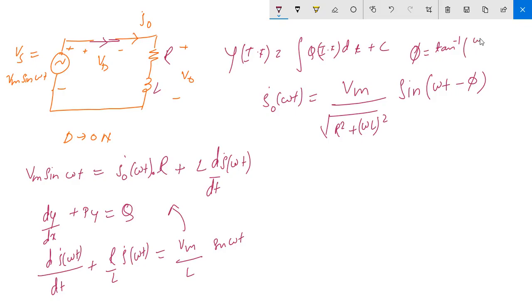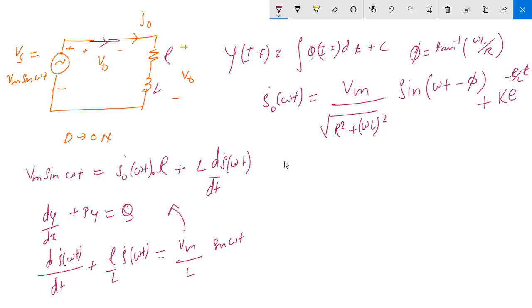This is my AC component, and it will have a DC component also, that is K e to the power minus R by L into t. This is my DC component.